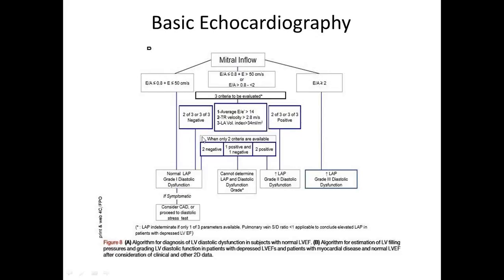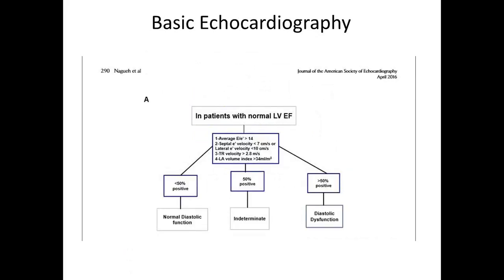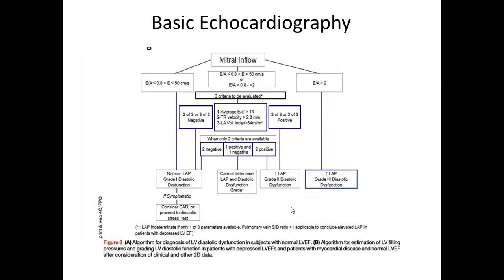So I wouldn't get bogged down in anything else. But the essential thing is, to make the diagnosis of diastolic dysfunction, you need to look at your 4 variables. You need 3 of them to be positive for the patient to have diastolic dysfunction. Then you move to the next step.